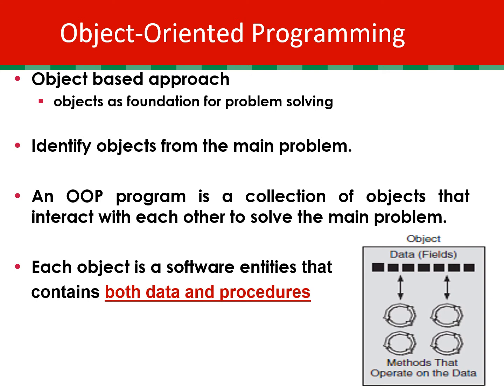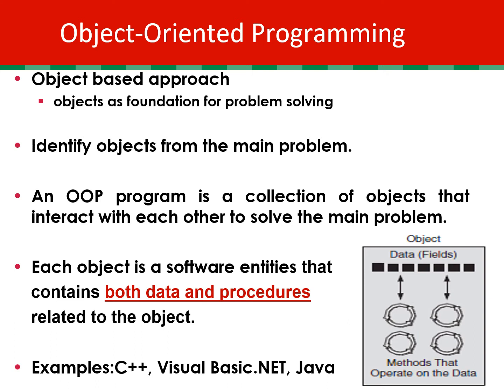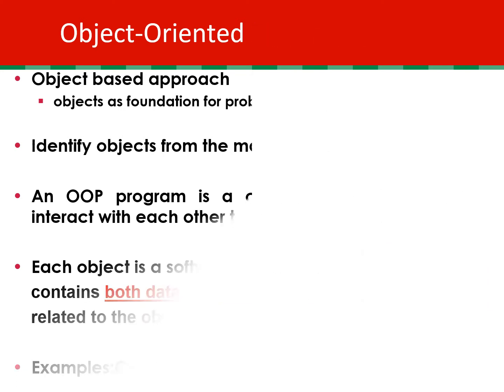So in the object, you have the data and also the operation in the same place. The common programming languages that support object-oriented programming are C++, C#, Visual Basic .NET, and also Java.